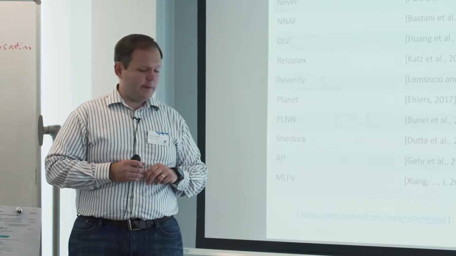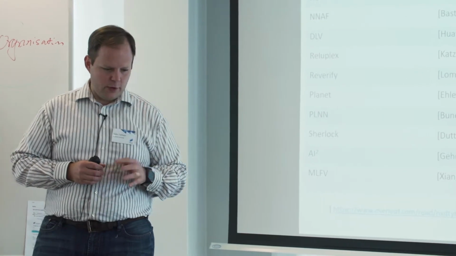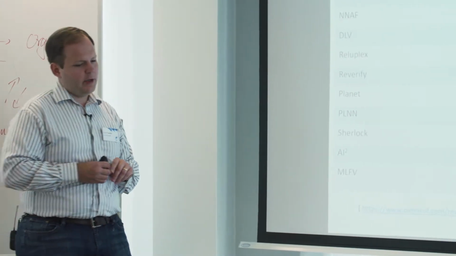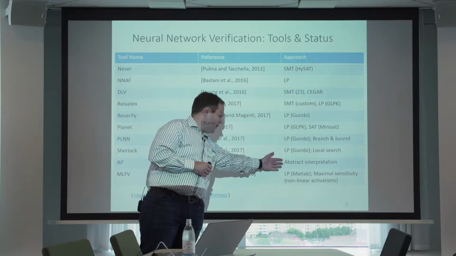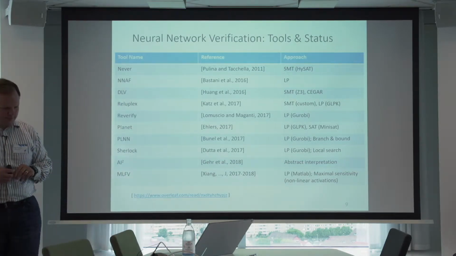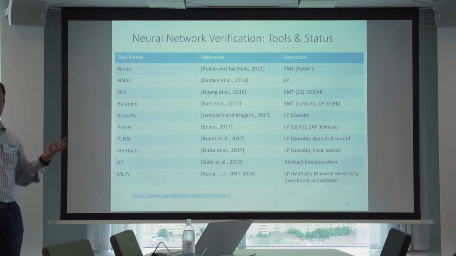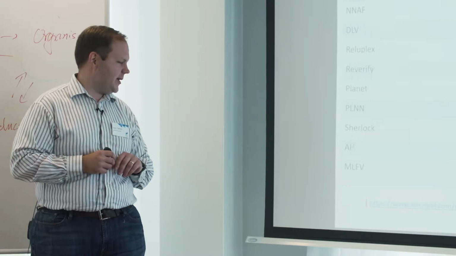There are also some satisfiability modulo theories approaches that are being explored, or combinations of these two things. So there are a couple outliers maybe. One is this abstract interpretation-based tool called, of course, cleverly AI squared. Right, artificial intelligence, abstract interpretation, so it's kind of nice.